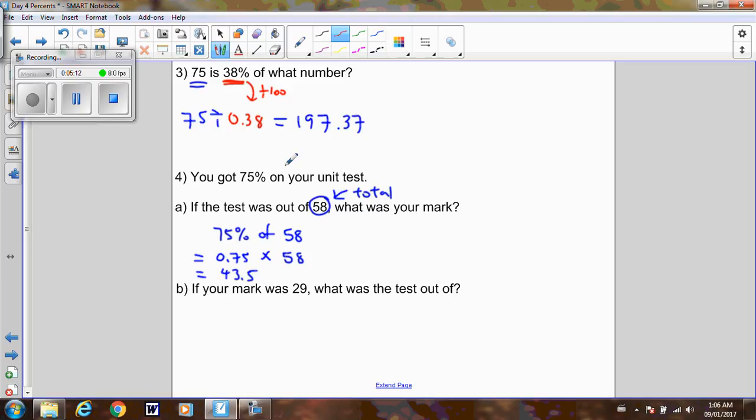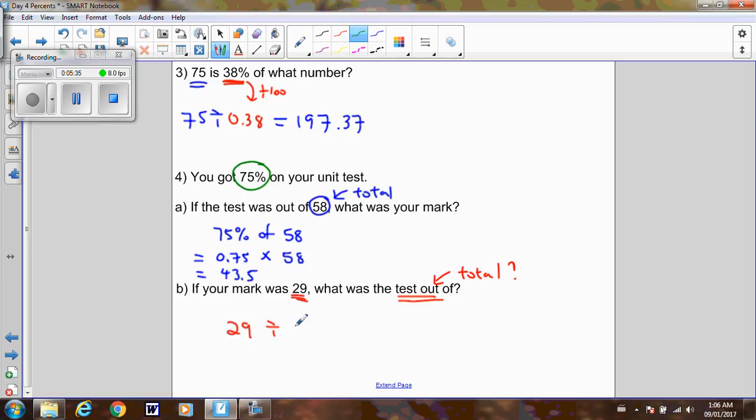The next question here is tricky. If your mark was actually 29, what was the test out of? So there, they want you to find out what the total is. They don't know what the total is. So what you need to do is do what we did before. You take the number 29, which is your mark, divided by the percentage you got, which is 75%.